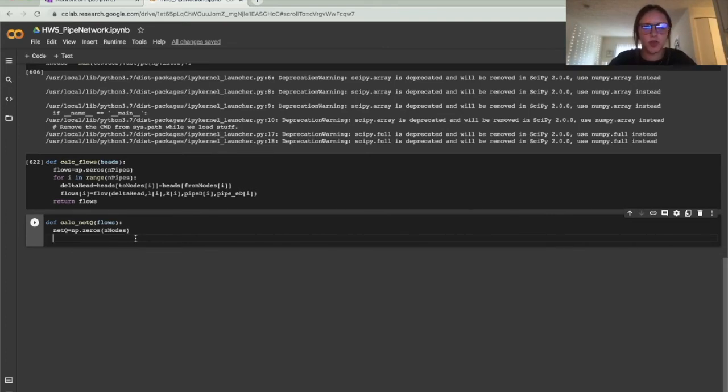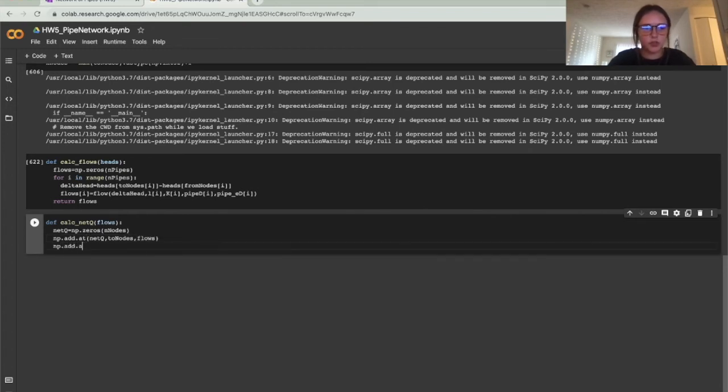So to do that, we can do np.add.at. We could do, so if we look here, we're going to have net q. We're going to have it for the 2 nodes, so that's where it's going to be positive, so we're going to have positive flows.